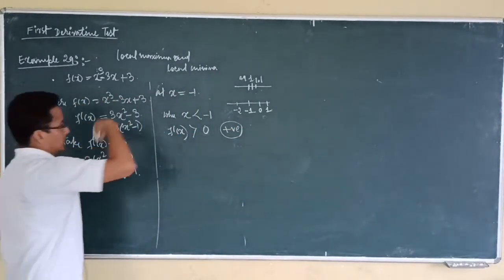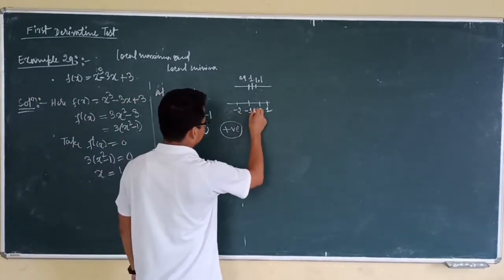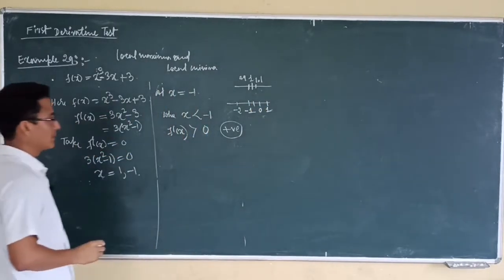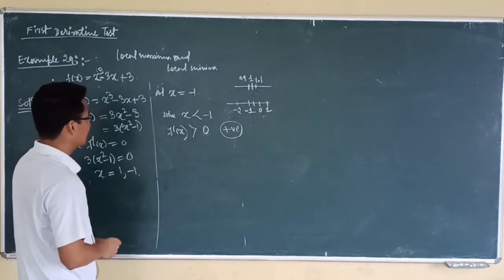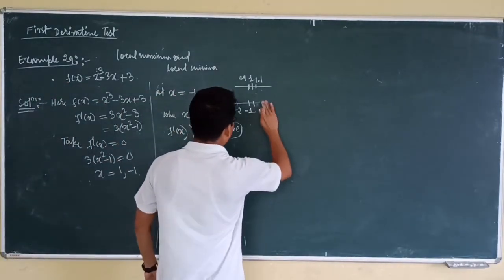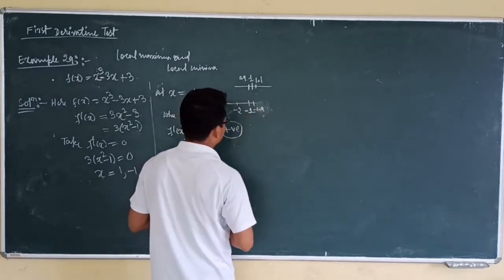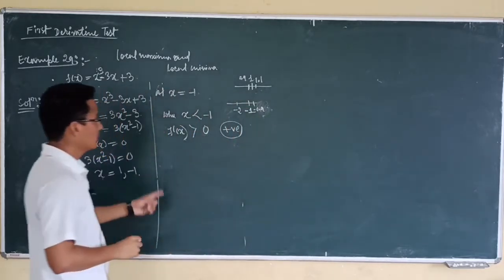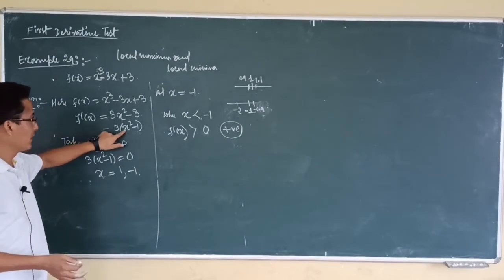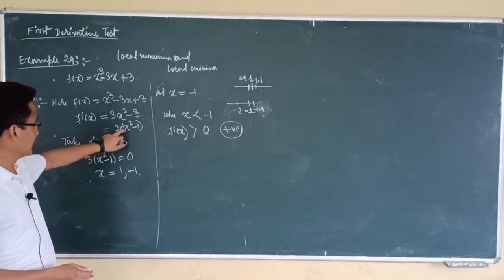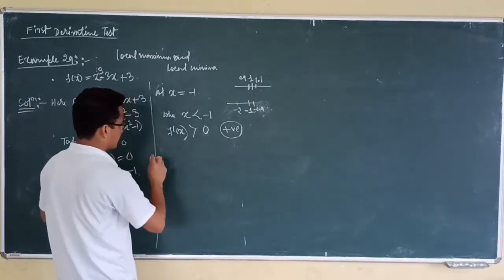Clear? Now we travel that side. If you take a value greater than minus 1, say minus 0.9, then you will get less than 1, and the function is negative.